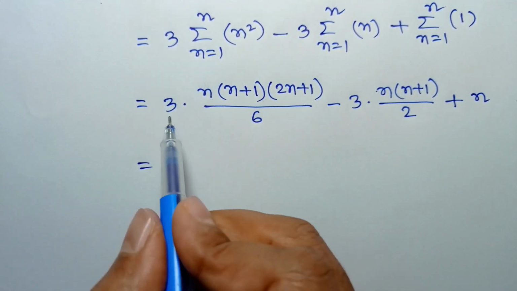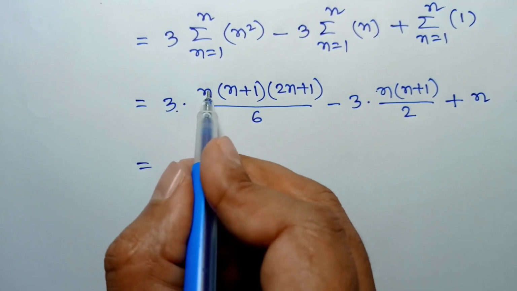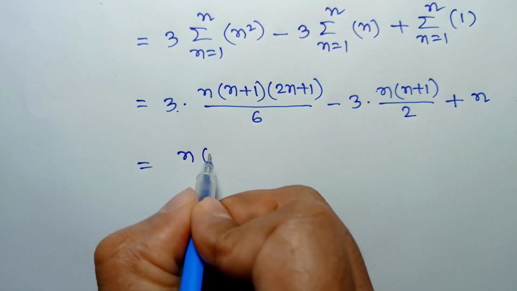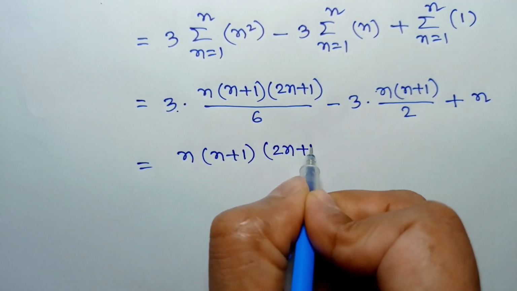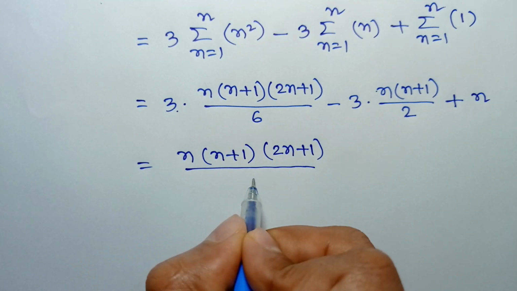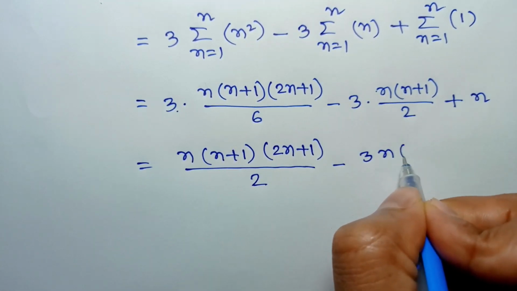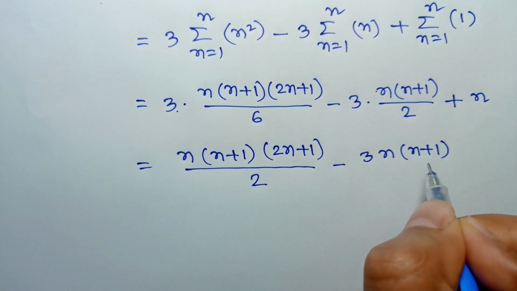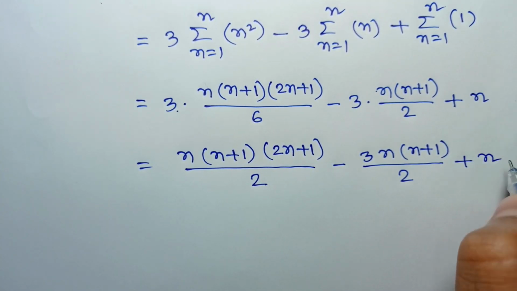Simplifying 3/6 as 1/2, we can write n(n+1)(2n+1)/2 minus 3n(n+1)/2 plus n.